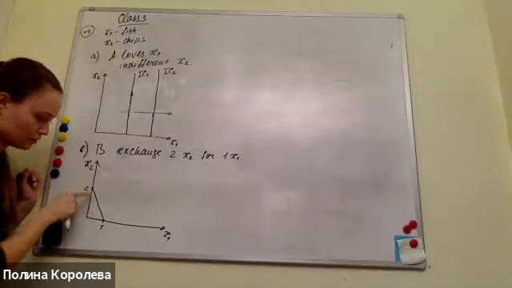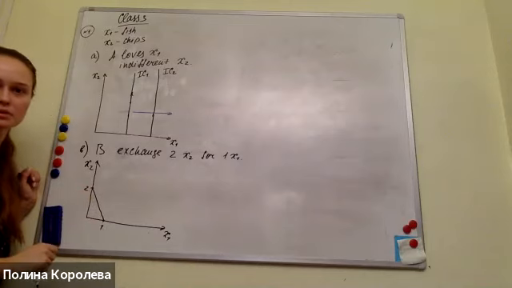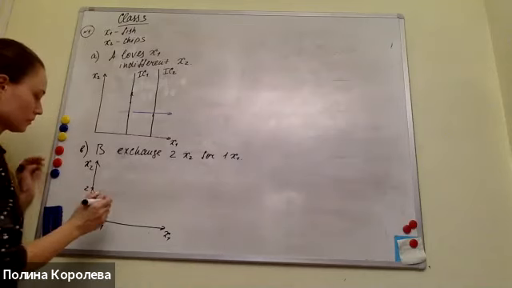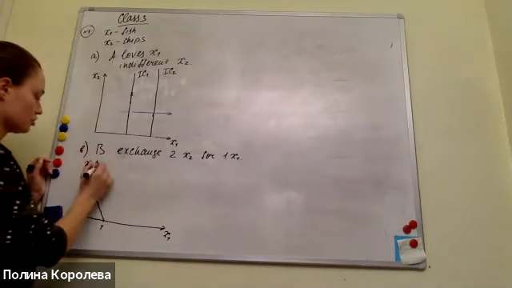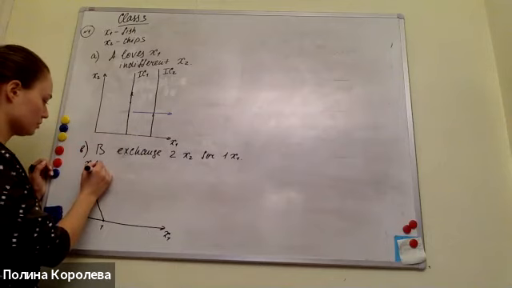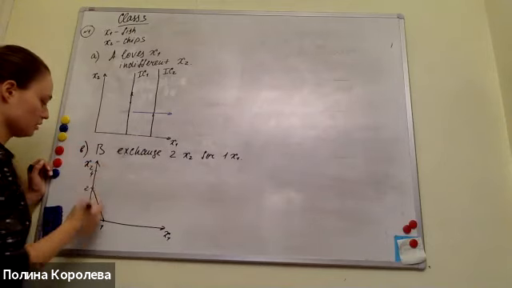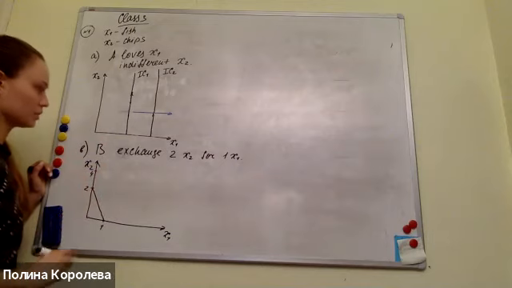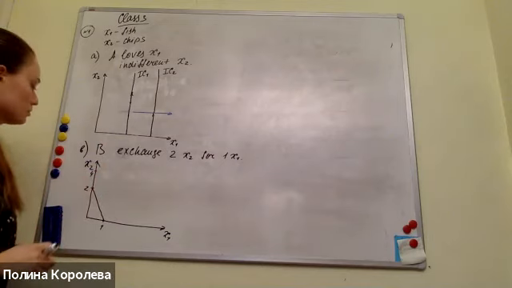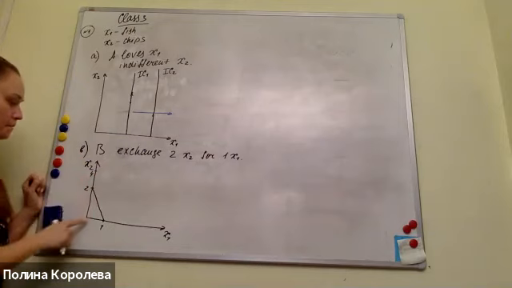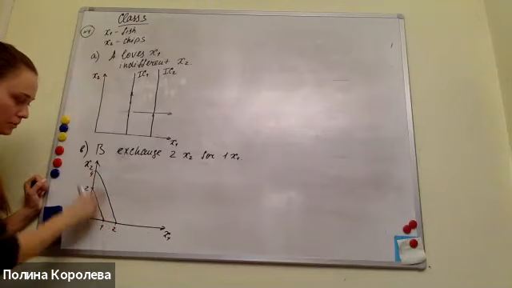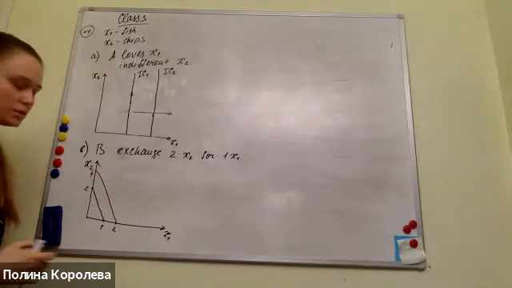So these 2 points lie on the same indifference curve. If I exchange, for example, 4 chips, for what amount of fish should I exchange it? 2. Yes, the proportion stays the same. And all these points will give me the same level of utility.